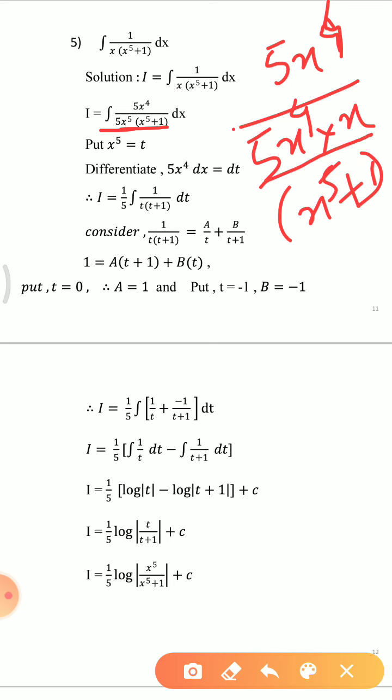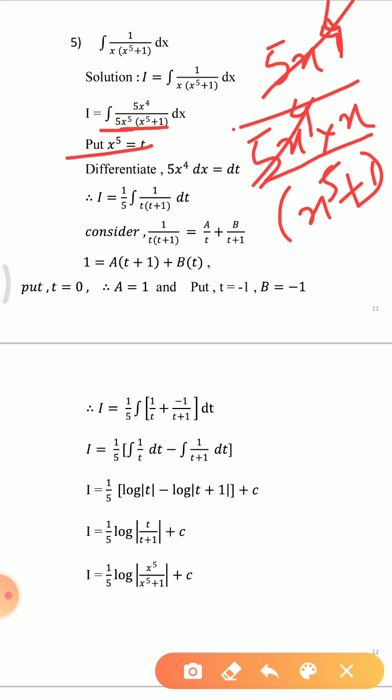That means if we adjust any term here, the original term does not change. This will cancel, and the remaining term stays as it is. After that we have to put x raised to 5 is equal to t, and differentiate this.